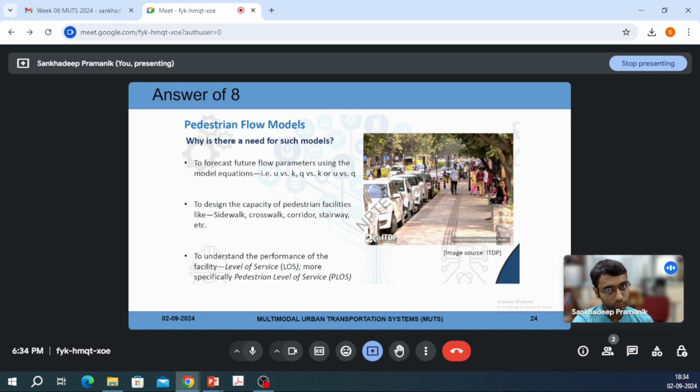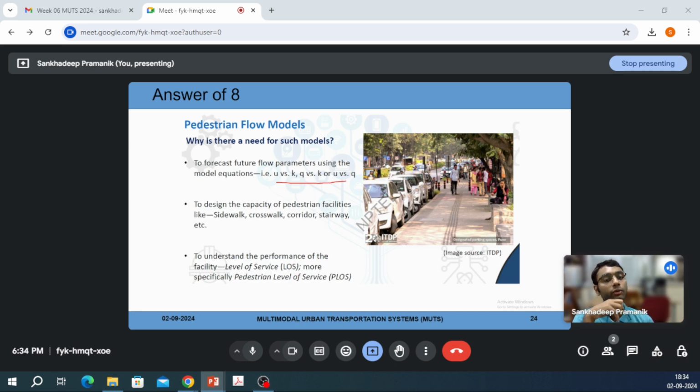So while discussing pedestrian flow models and the need for such models, we discussed that these models can be useful to forecast future flow parameters using different relationships between speed, density and flow. Second is to design the capacity of pedestrian facilities like sidewalks and crosswalks. These models are very useful, and are also linked to the level of service, particularly pedestrian level of service.